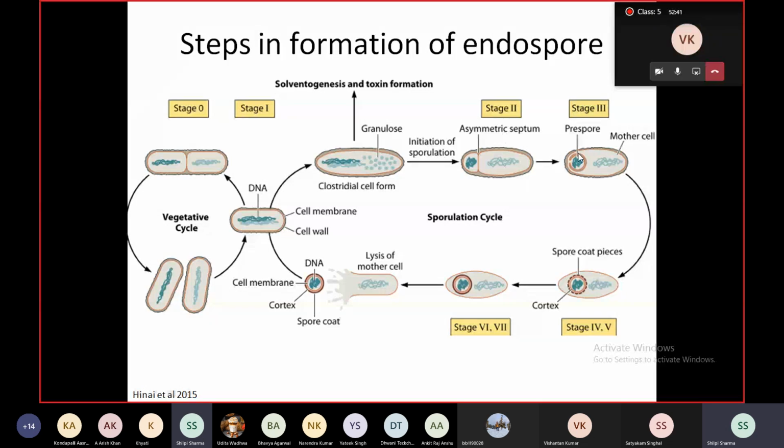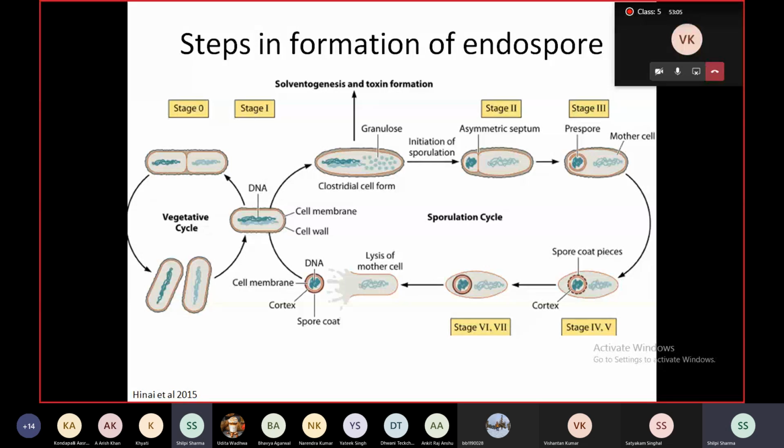Then the PG in the septum is degraded and the pre-spore is engulfed by the mother cell, forming a cell within a cell. This is stage 3 in the figure. Hence the term endospore, forming inside a cell. So the spore is formed inside the mother cell.